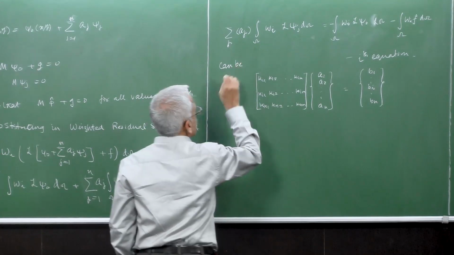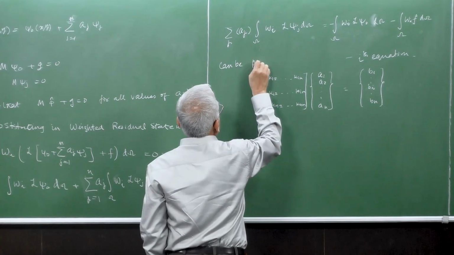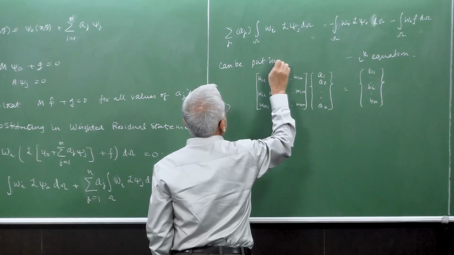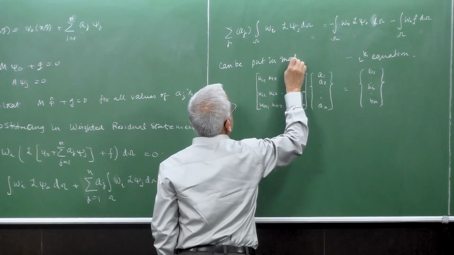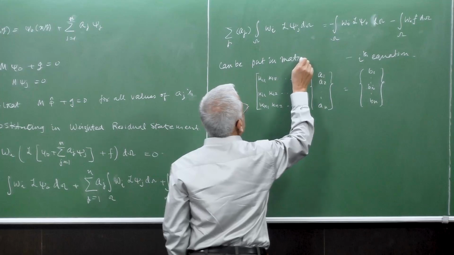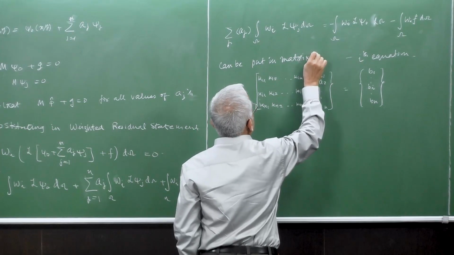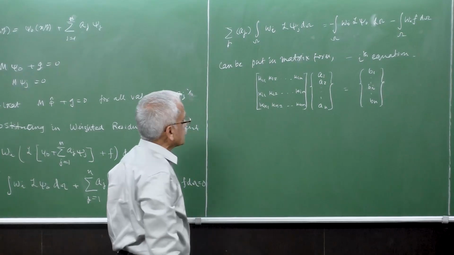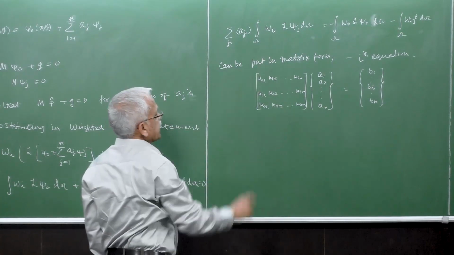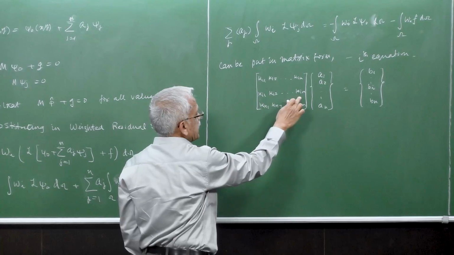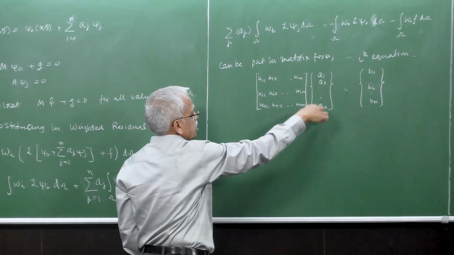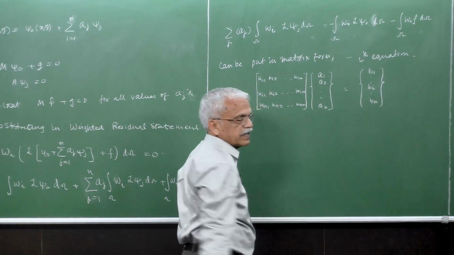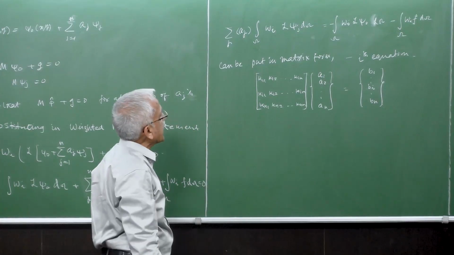This can be put in matrix form like this, so the ith equation corresponds to the ith row with these coefficients a1 to an, and on the right side we call it bi.